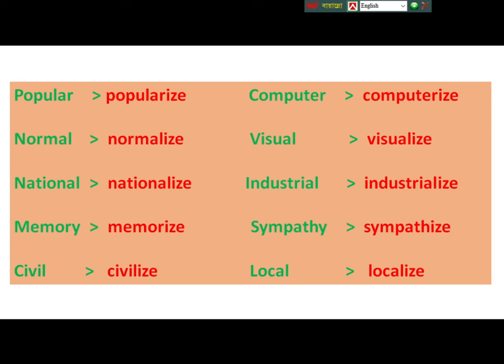All the words marked red are verbs. We have turned them into verbs by adding ize. We can also use ise.